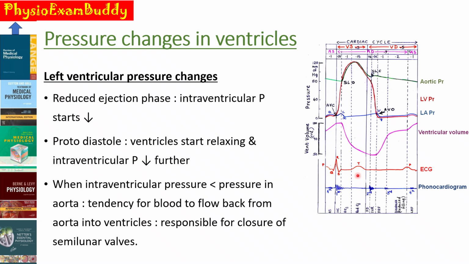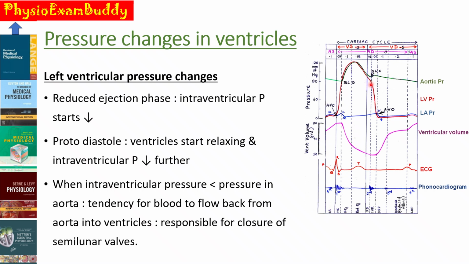Now, what happens during the reduced ejection phase? During this reduced ejection phase, you can see here that the intraventricular pressure starts declining. So that is why there is this decline in the red line. Then the next phase of the ventricular diastole is the protodiastole, and during this phase the ventricle starts relaxing and the intraventricular pressure decreases further.